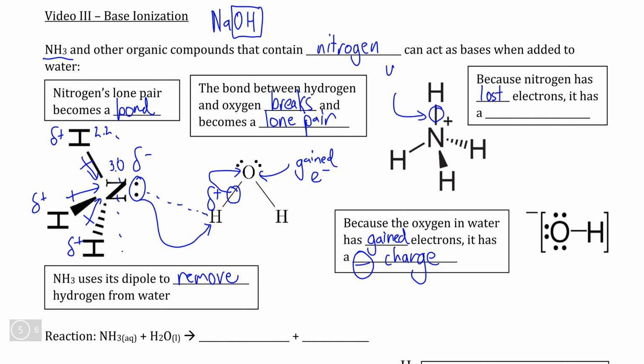So this bond used to be the lone pair. Because these electrons are now shared between hydrogen and nitrogen, instead of only belonging to nitrogen, we say that nitrogen has lost electrons, and therefore the nitrogen is going to have a positive charge, which is exactly what we see in its structure like this.